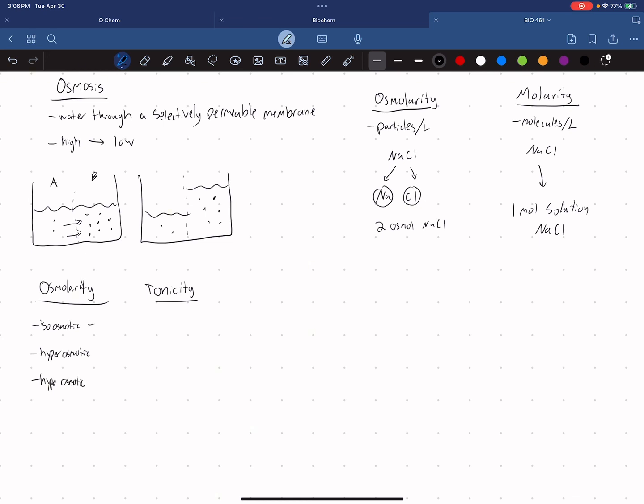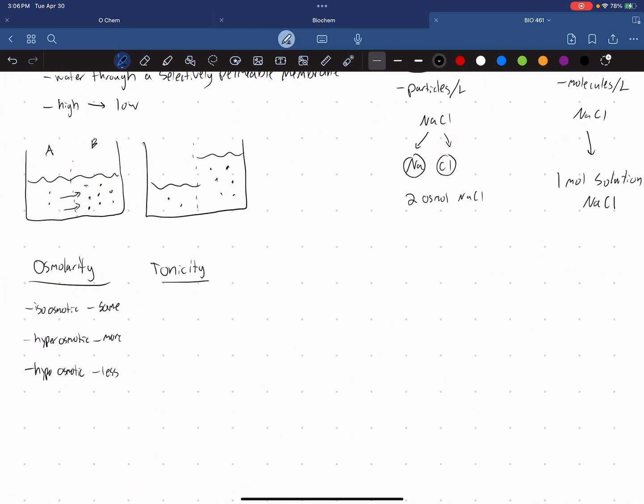And these prefixes mean same, more, and less. And these terms are talking about the amount of particles in liters of solution. And so with tonicity, we can use these same prefixes to describe tonicity, but tonicity specifically talks about the effect on the cell itself, the tone or the stretching of the membrane of the cell and what it will look like based on the solution that it's in.